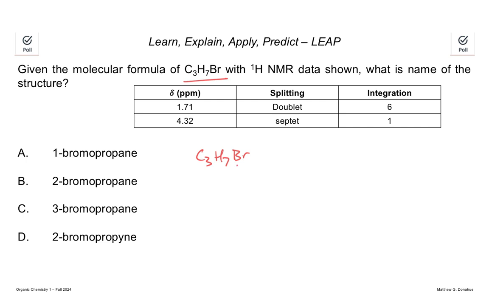So we know that halogen atoms will increase the H count. So this becomes C3H8. So N equals 3, 2N plus 2, that's 6 plus 2, that's 8. So in theory, it should be C3H8, so there's no degrees of unsaturation.